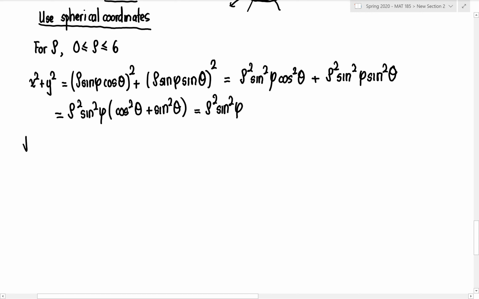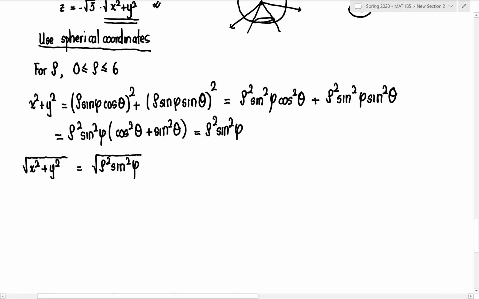So in particular then, square root of x squared plus y squared is the positive square root of rho squared sine squared of phi. And remember, rho is always positive, so it becomes rho. And phi always has value between 0 and pi.